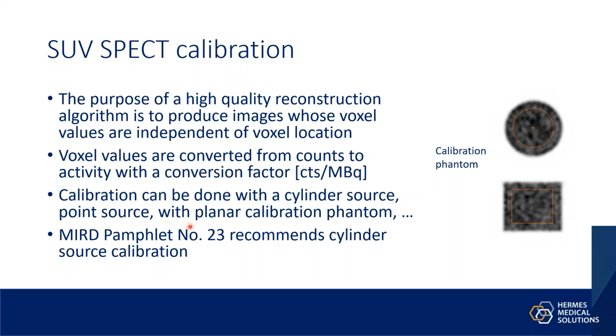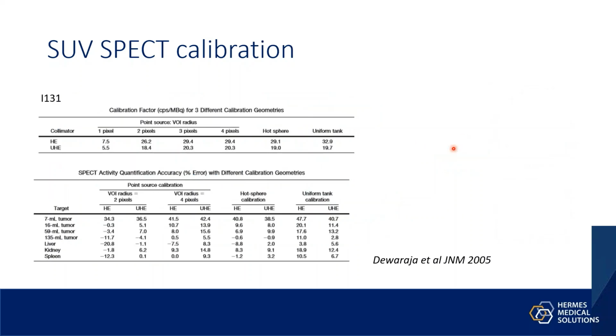But the MERD pamphlet number 23 recommends using the cylinder calibration source, because that will fix some of the issues that we might have with the reconstruction algorithms, and that is also what Hermes at the moment recommends. So use the cylinder calibration phantom.